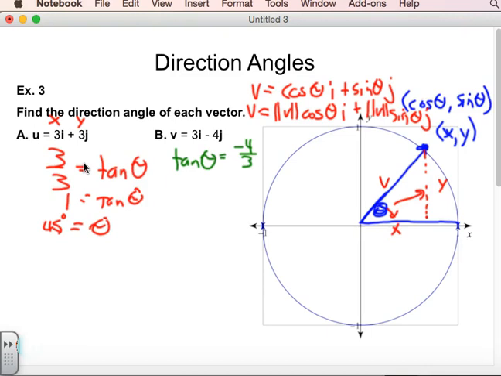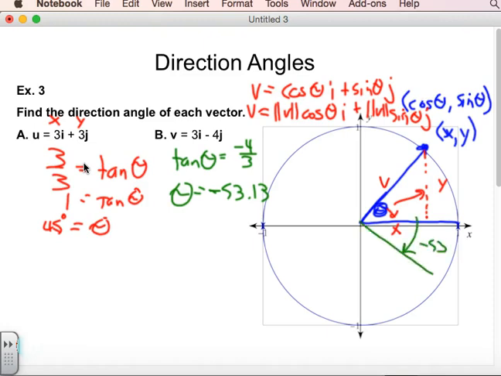And we get theta is -53.13. So from that point, you want to figure out where that angle is going to be. And we want a positive angle for that, not a negative angle. The direction angle of that vector, -53 degrees, is going to bring it down here.